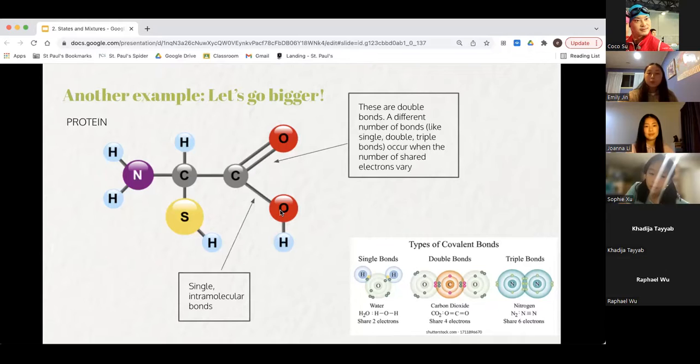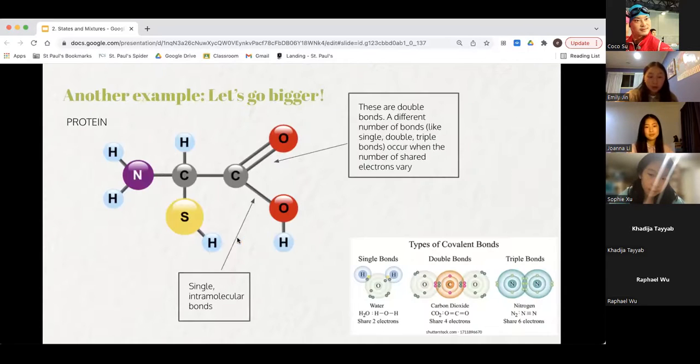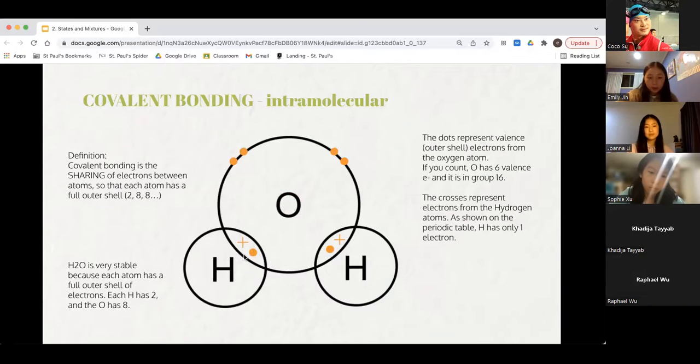However, we're also going to see double bonds quite often, and that's because double bonds and triple bonds occur when the number of shared electrons varies. In the previous example, water was sharing electrons like a pair, so 1 electron pair, meaning it's a single bond.